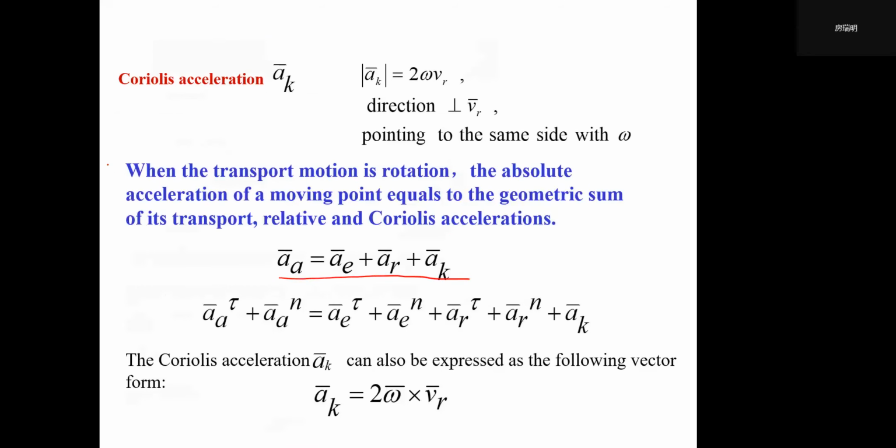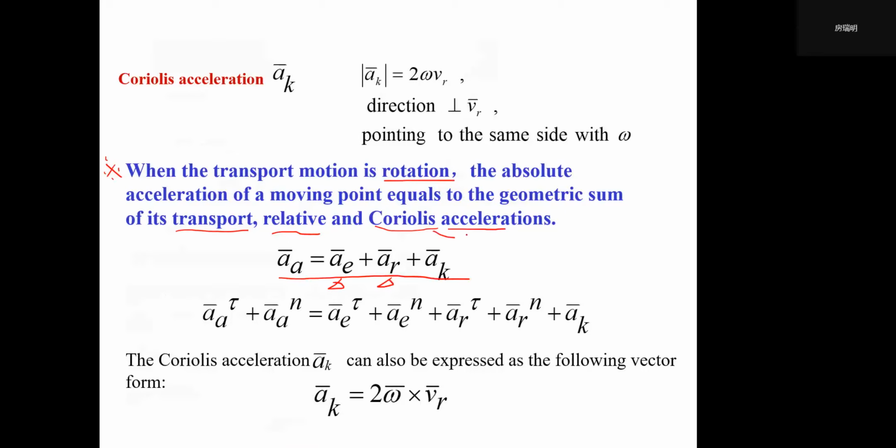So please consider this description. When the transport motion is rotation, the absolute acceleration AA of a moving point equals the geometric sum of its transport acceleration AE, its relative acceleration AR, and Coriolis acceleration.